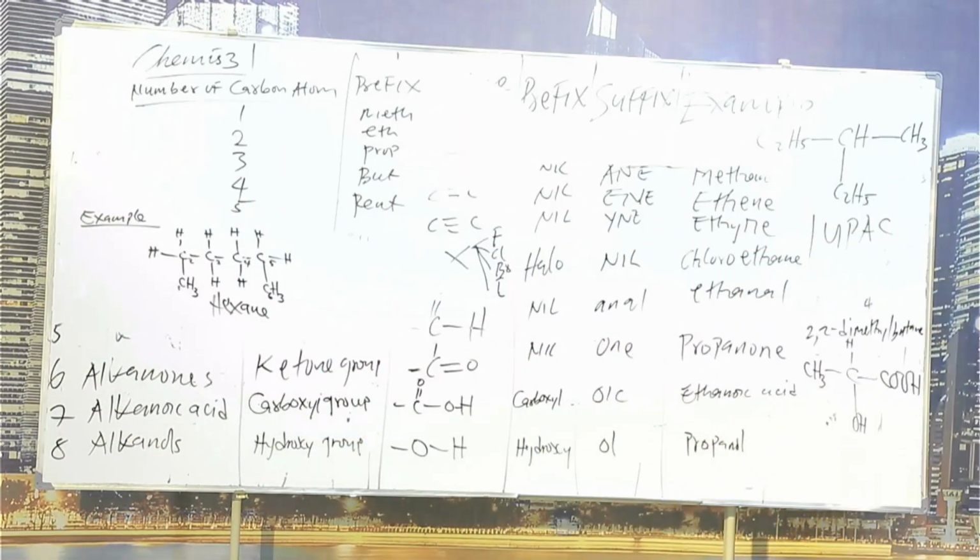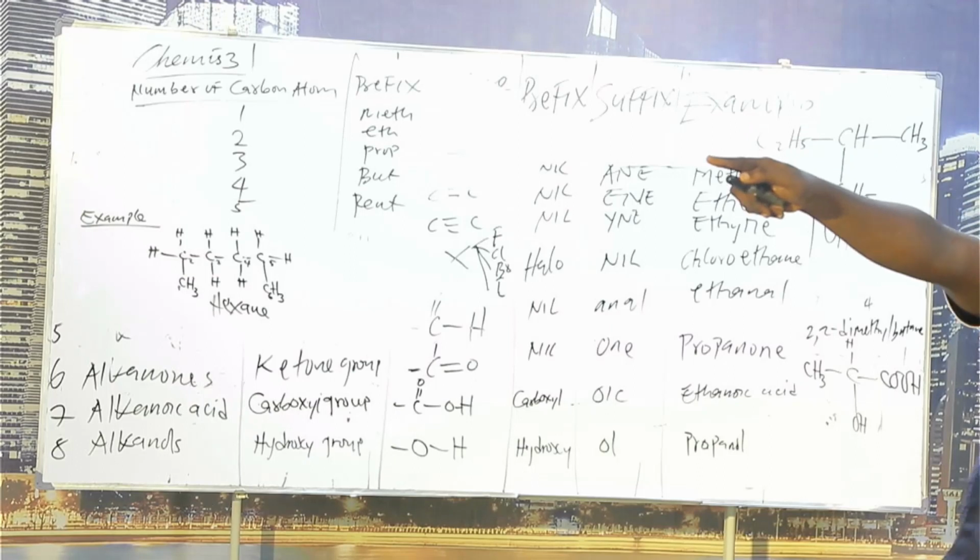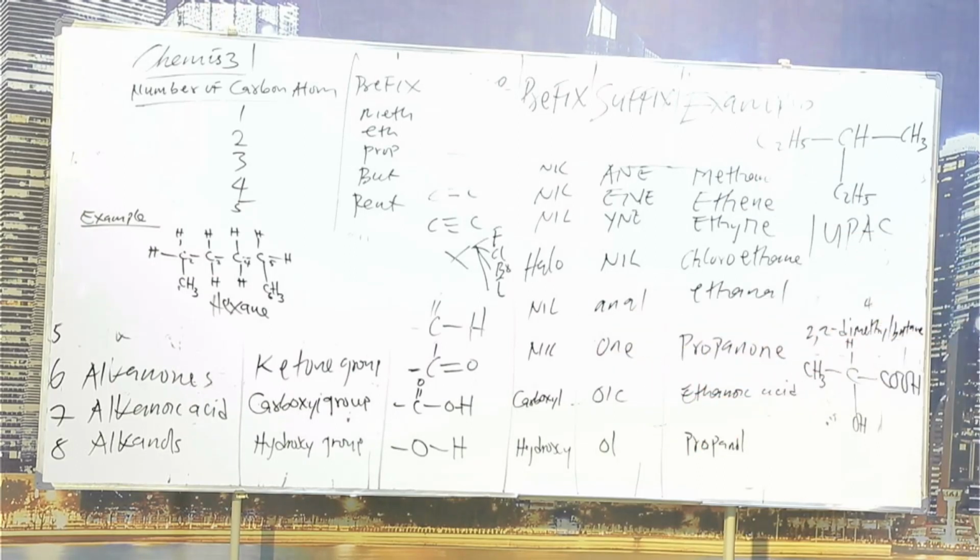That is number 1 rule. If you want to name, check to see where the longest chain is, the length of the carbon chain. It mustn't be straight. Find out the longest chain. If you find that the longest chain here is 6, you will assign hex. Why are you ending with ane? Because every carbon atom there has a single bond. That's when you end in ane. Is that clear? Rule number 2.